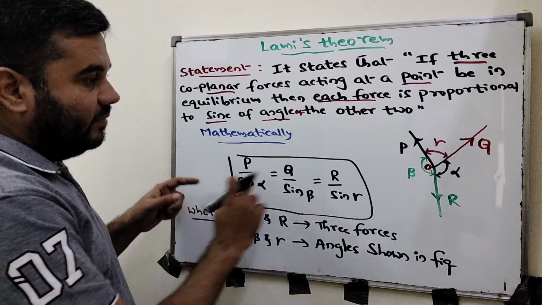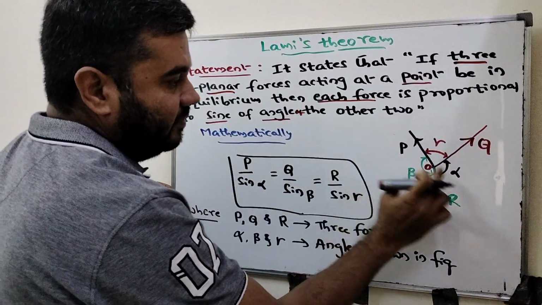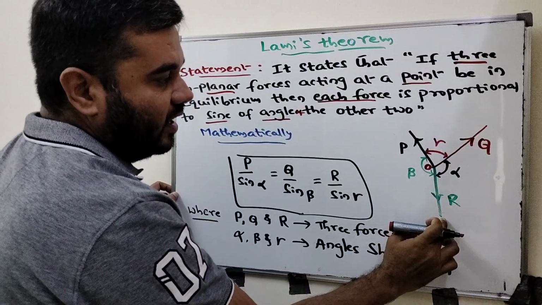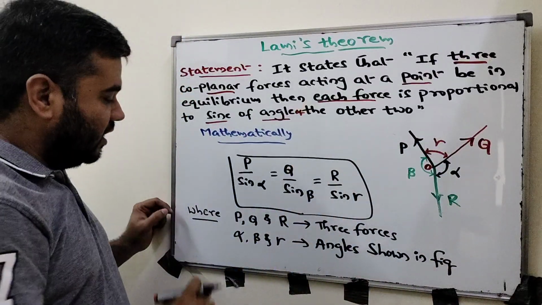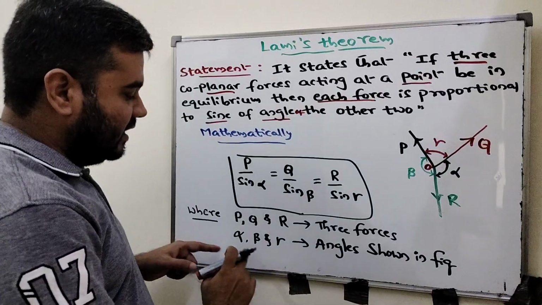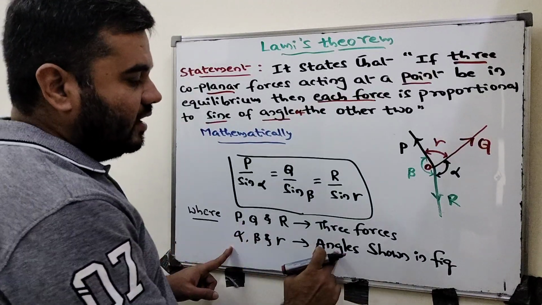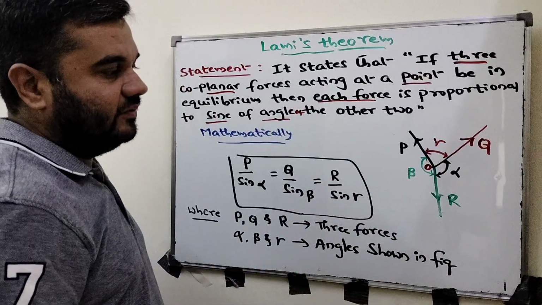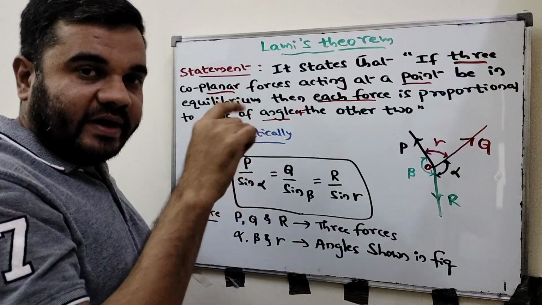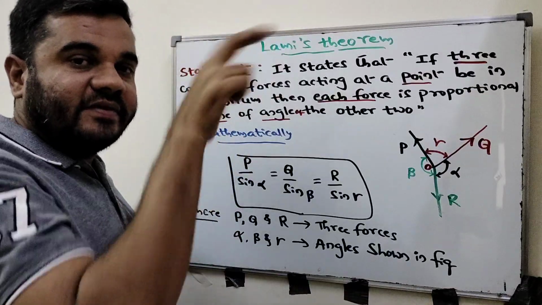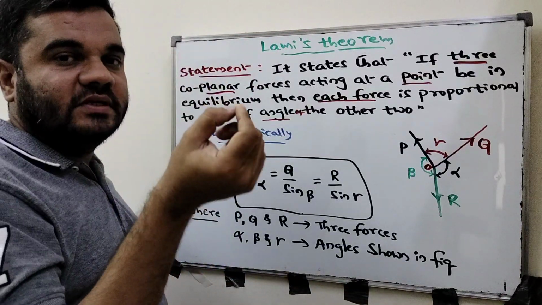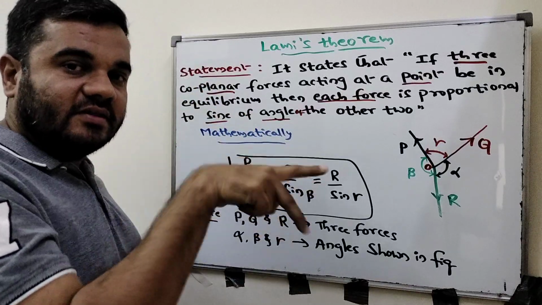P divided by sine of alpha equals Q divided by sine of beta equals R divided by sine of gamma, where P, Q, and R are the three forces, and alpha, beta, and gamma are the angles shown in the figure. Whatever force you write, divide it by the sine of the angle between the other two forces.